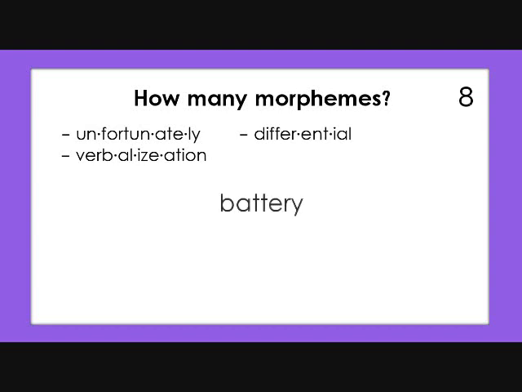And go! And time's up. So, this word battery was difficult for you? Because it has only 1 morpheme. It is battery. That's the morpheme. Ready for the following word?